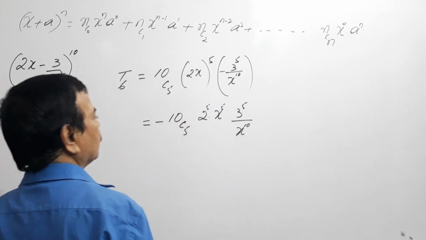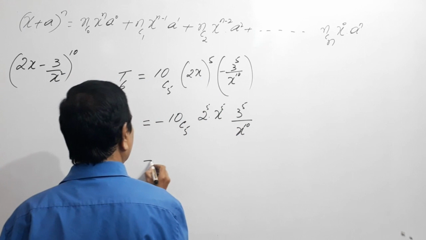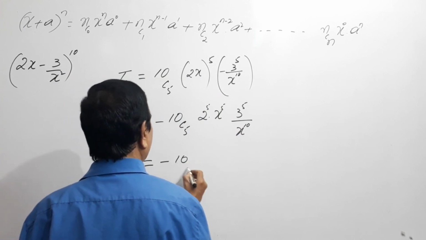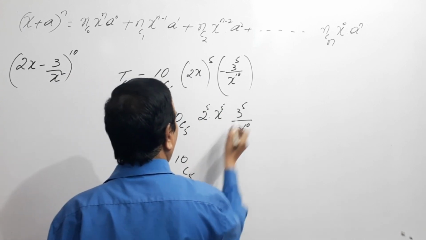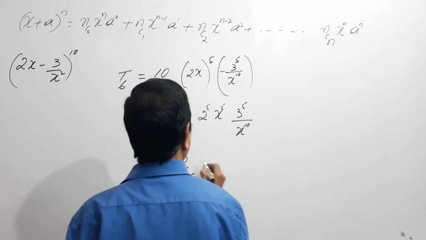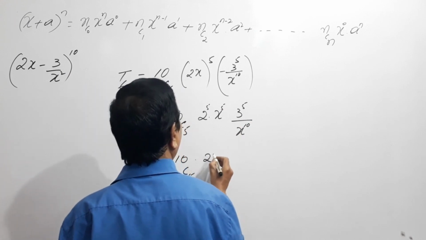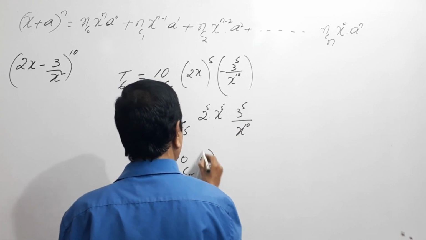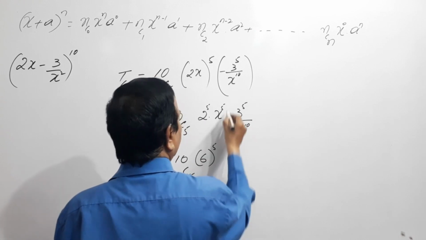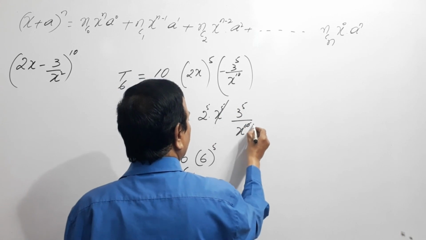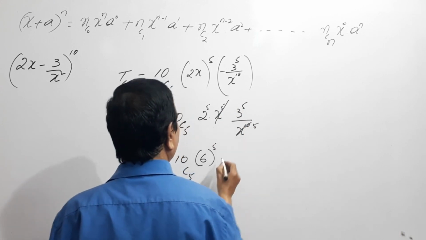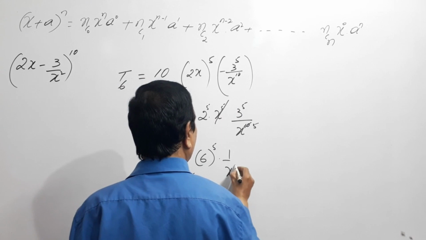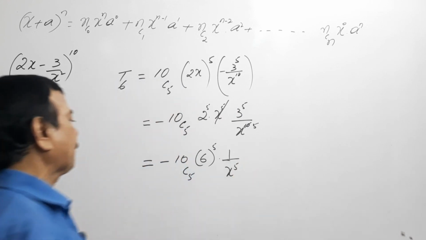Rearranging, this equals minus 10C5 into 2 into 3, which is 6 to the power of 5, and x to the power of 5 over x to the power of 10 gives 1 by x to the power of 5.